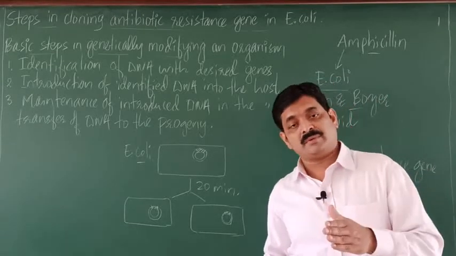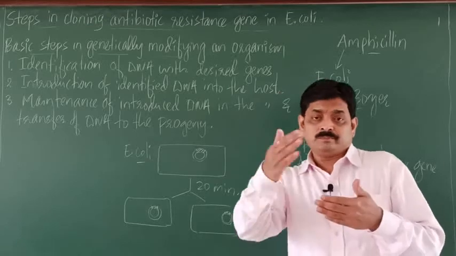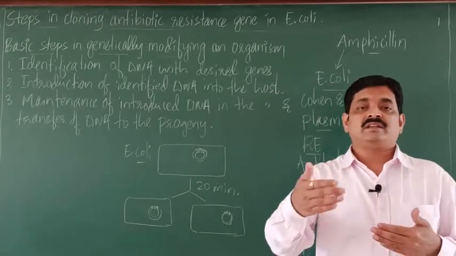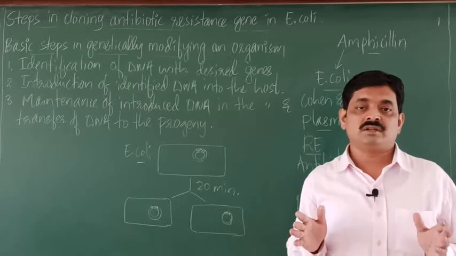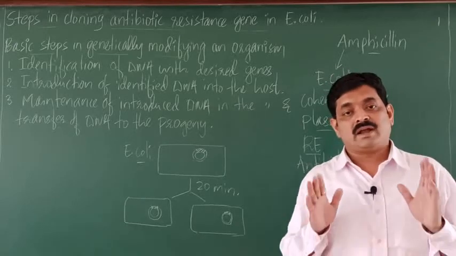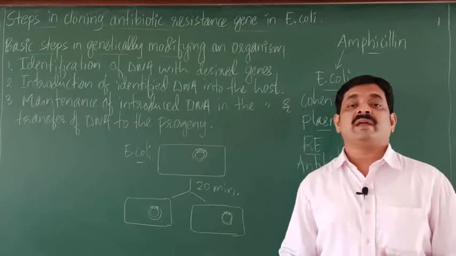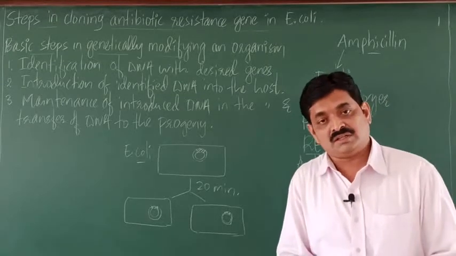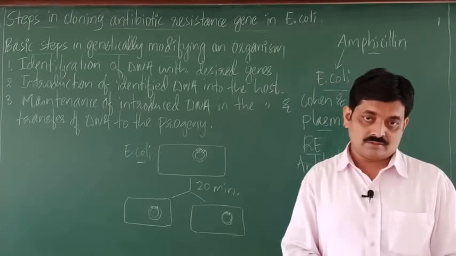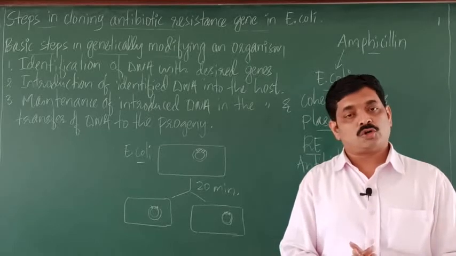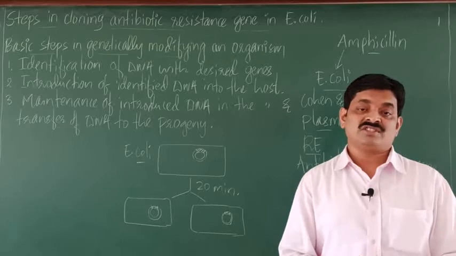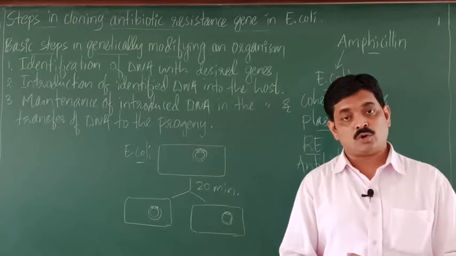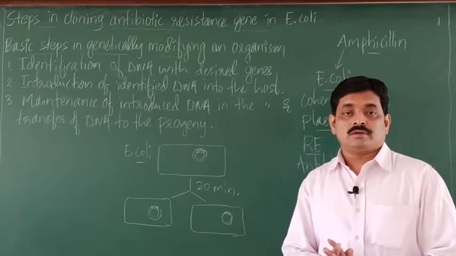After another 20 minutes, 64 copies. So they go on dividing, and many copies of desired gene are produced. This process of producing many copies of desired gene is called gene cloning.